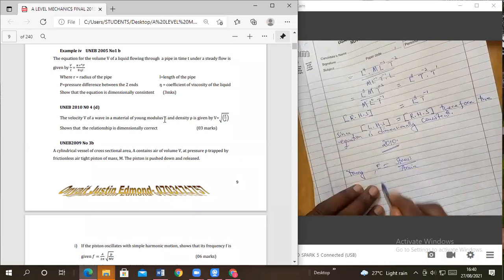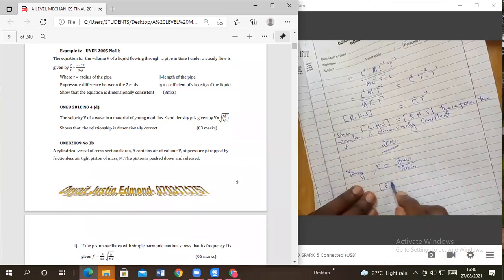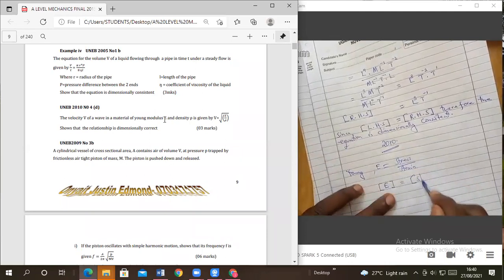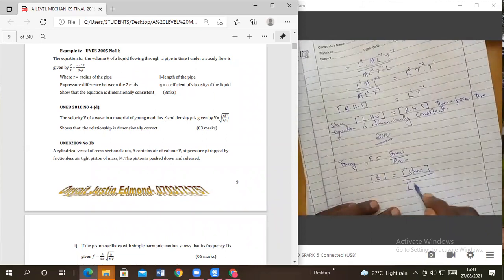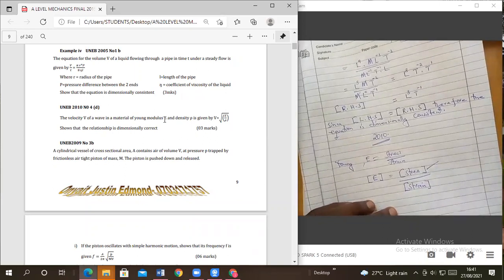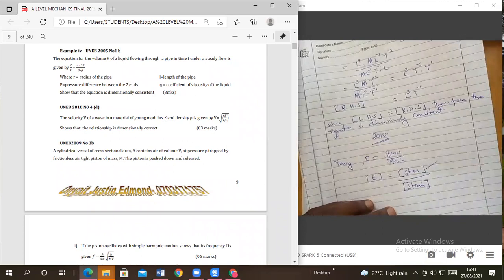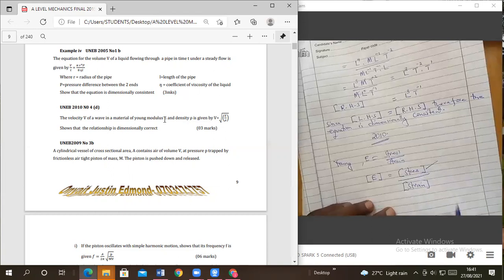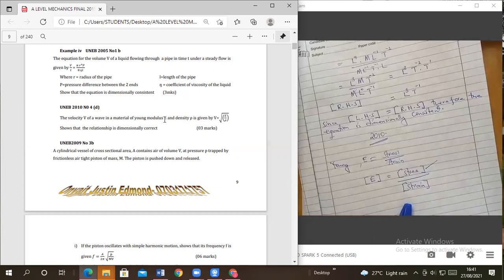So if you want to get the dimension of Young's modulus, you get the dimension of stress divided by the dimension of strain. But remember, we said stress is the ratio of force to cross-sectional area, right? I think you work out that one. That one is your exercise.